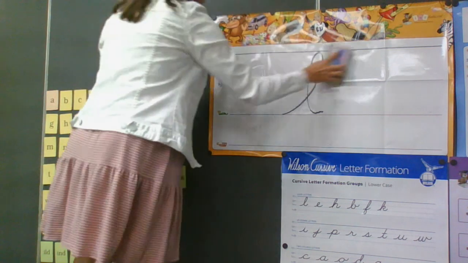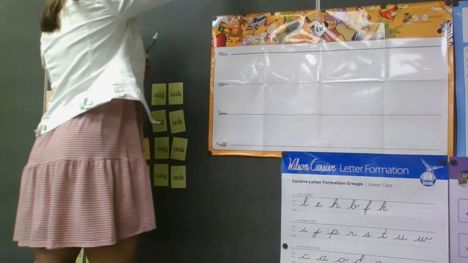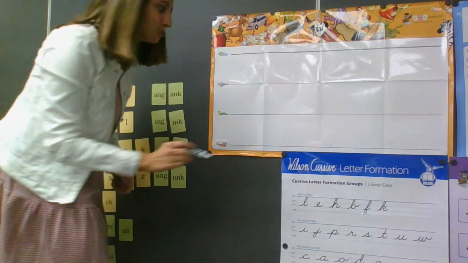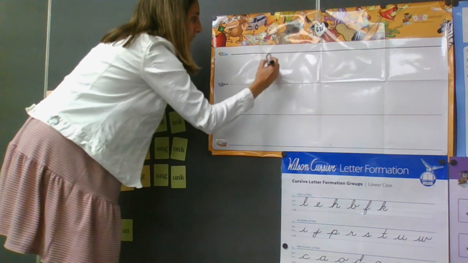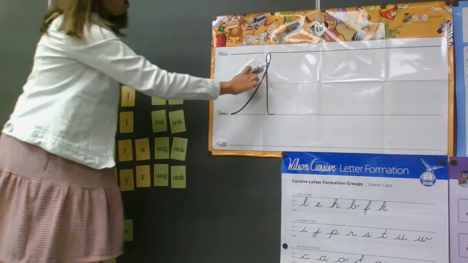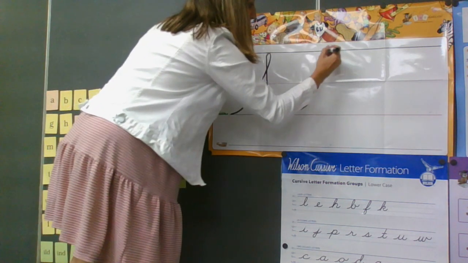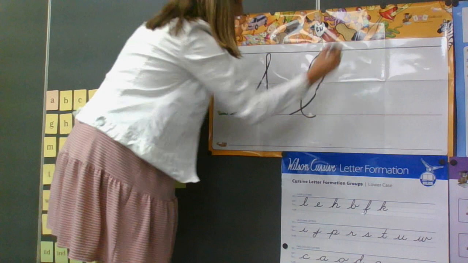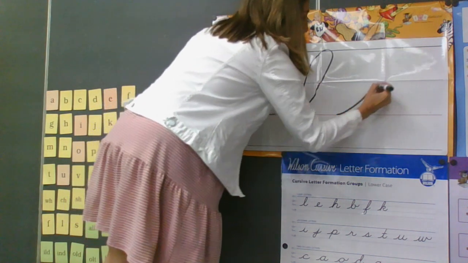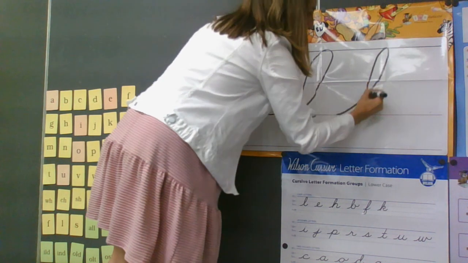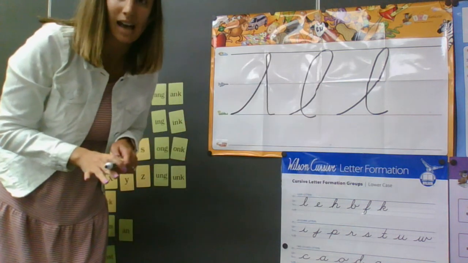Another common issue that we had today was making our loop too big or too small. Some friends were starting on the grass line, going up here, and then making the loop really small. Or some friends were making their loop way too big. You've got to start at the grass line, glide up to the skyline, and loop back down. You've got to practice until your loop is just the right size.